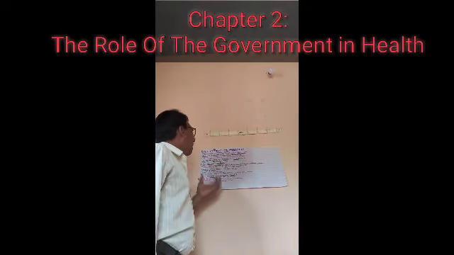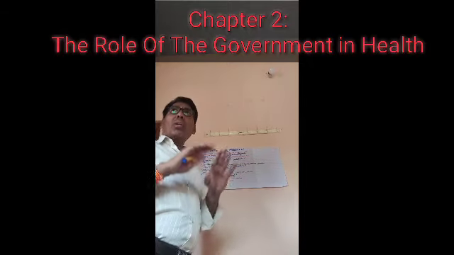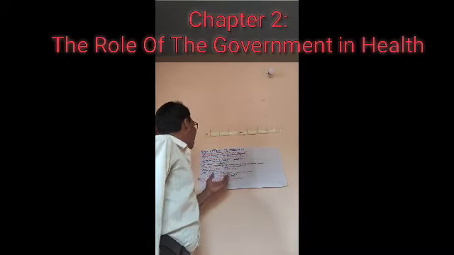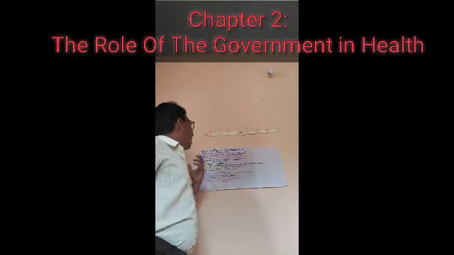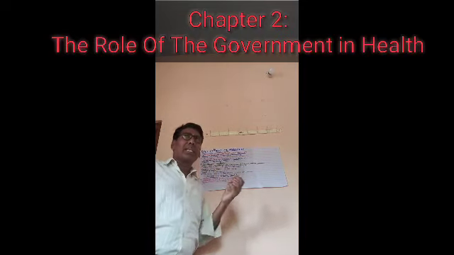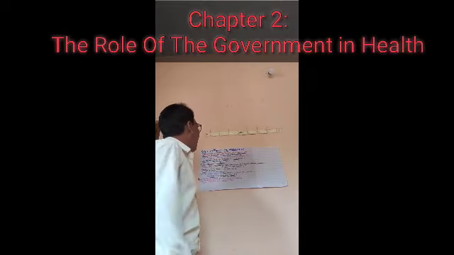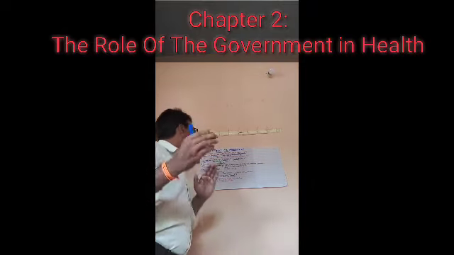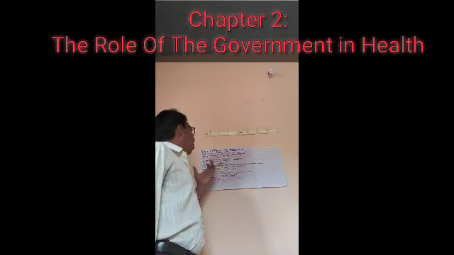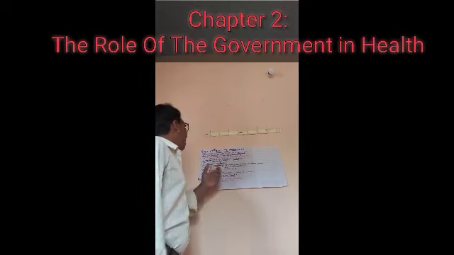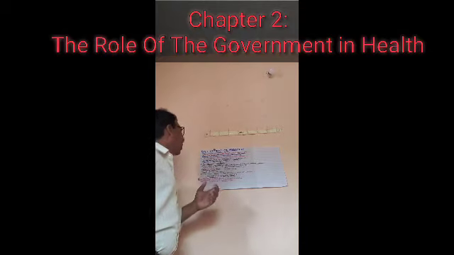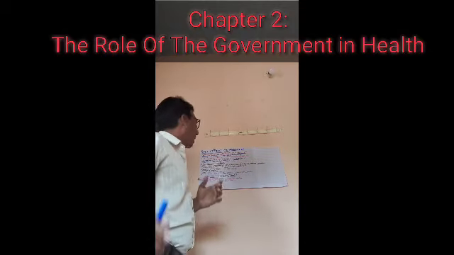If you look at the overall infrastructure of the health field, the hospitals: in the year 1950, there were 2717 hospitals in India. Then in the year 1991, that figure reached 11,174 hospitals.